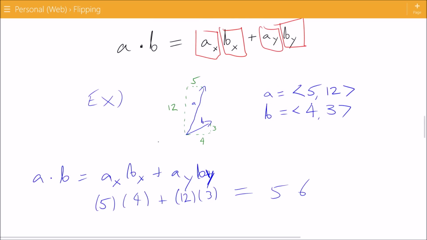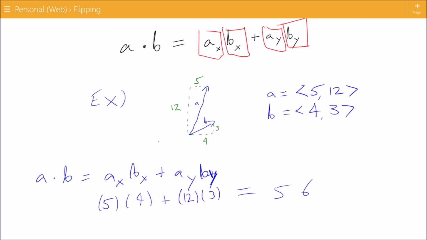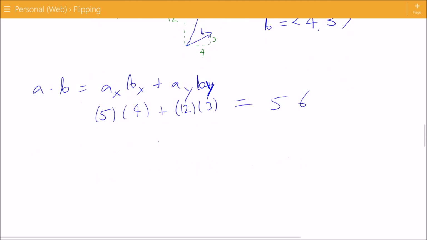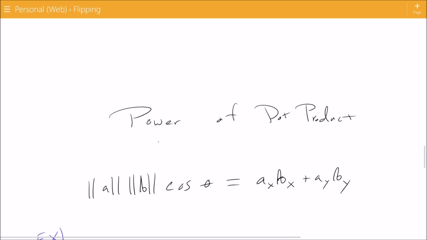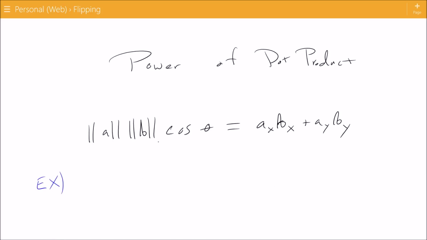Notice I'm really using the same A and B here for both of these, which leads us to the power of the dot product. If I set these equal to each other, I can determine this very easily if I know the component vectors of the vector. And if I know the component vectors, then I can easily find the magnitude.